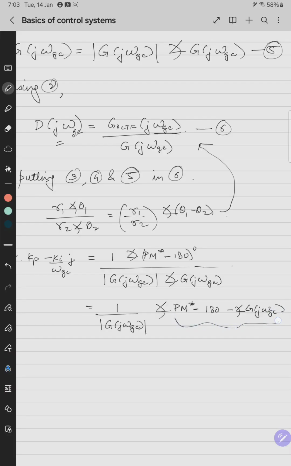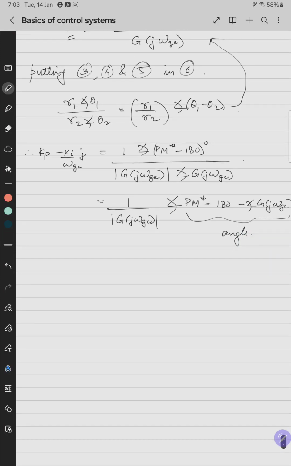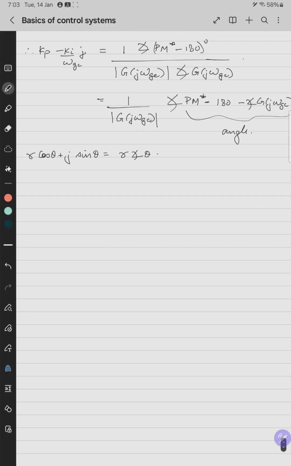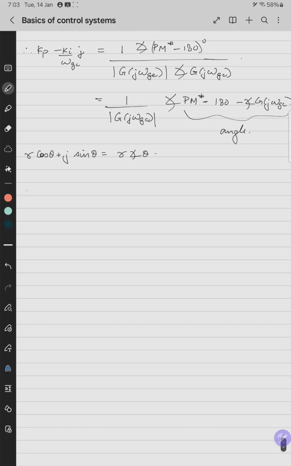This will be the angle. Okay, so using the identity r cos theta plus j sin theta is r at an angle of theta. So thus therefore, what is the RHS?